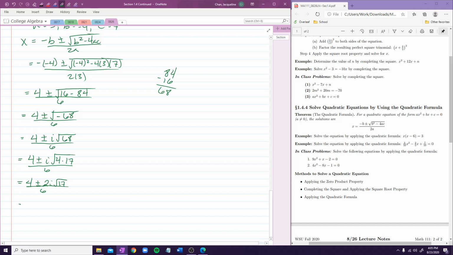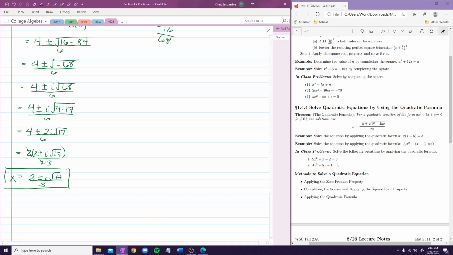They all have a 2 in common, so I'm going to factor out a 2 on the top, and the bottom becomes 2 times 3. The 2's can cancel, so this is 2 plus or minus i square root of 17 all over 3. Looking at the square root, it's as simple as it can get because 17 is a prime number. So that's our answer.